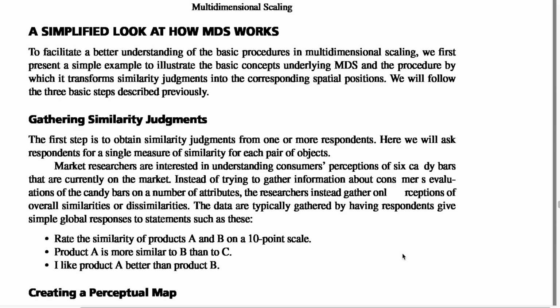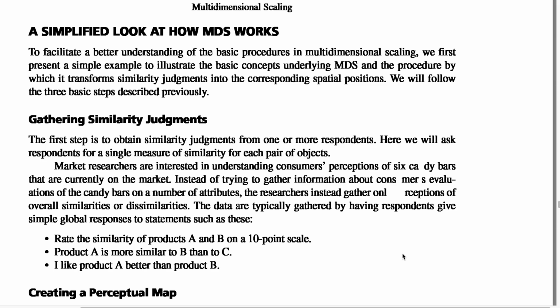Market researchers are interested in understanding consumer perception of six candy bars that are currently on the market. Instead of trying to gather information about the customer evaluations of the candy bars on a number of attributes, the researcher instead gathers perceptions of the overall similarities or dissimilarities.